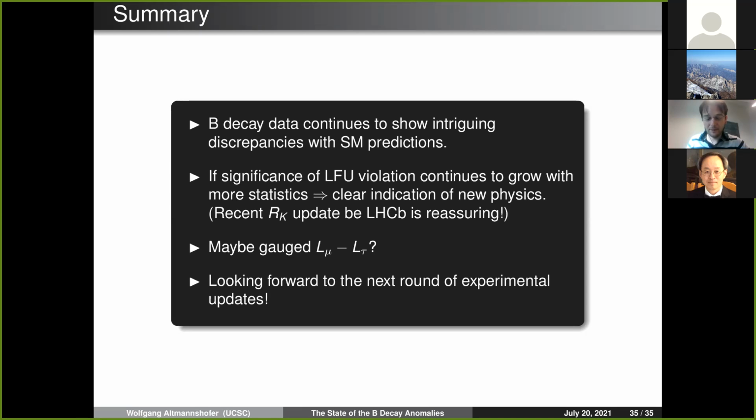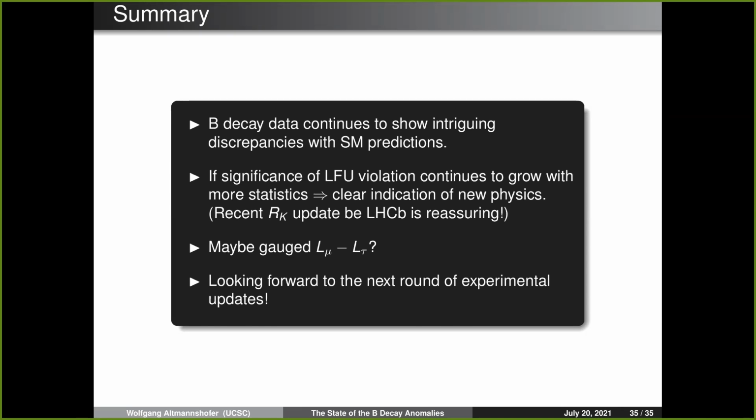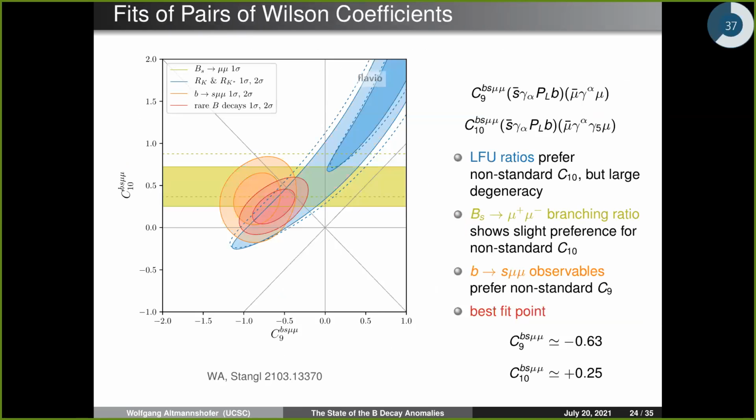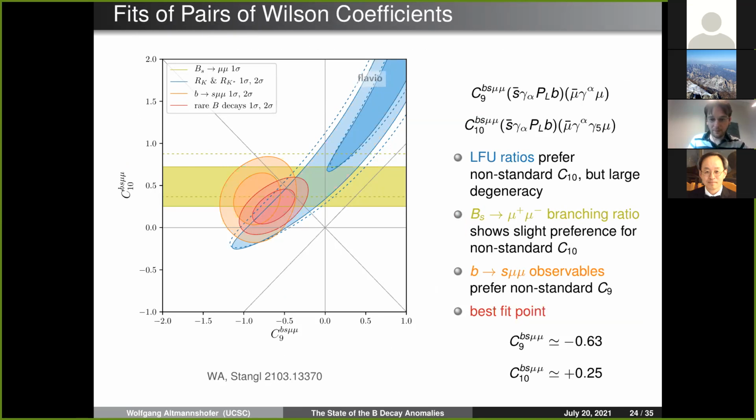Hello. Could you show again the preferred range of C9 and C10? This one here? Yes. Here, the sky blue region is favored by Flavio, I mean, RK and RK star, which you mentioned has the smallest hadronic uncertainties.